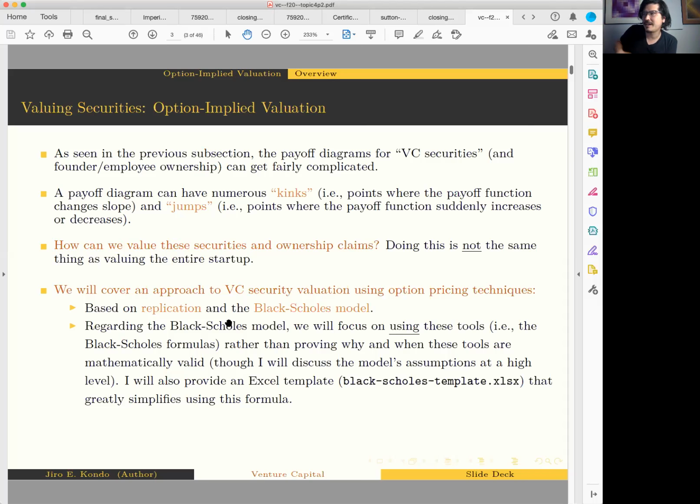At the end of the day, the way we're going to value individual securities is going to be using option implied valuation. It's a mechanism for figuring out the different slices of the pie, how much they're worth. And it's a bit more complicated than saying you have 1/8 of the pie, so your share is worth 1/8 of the whole pie, because we've already talked about valuing the whole pie.